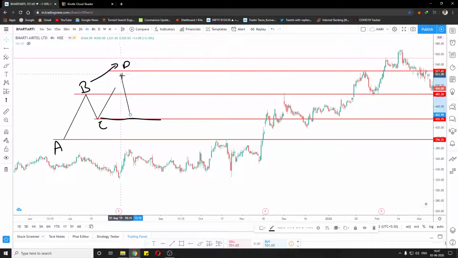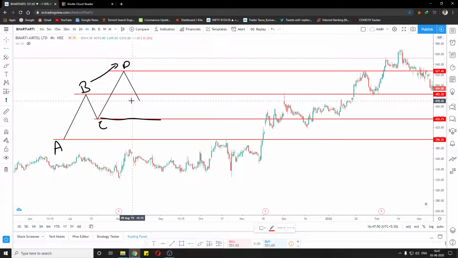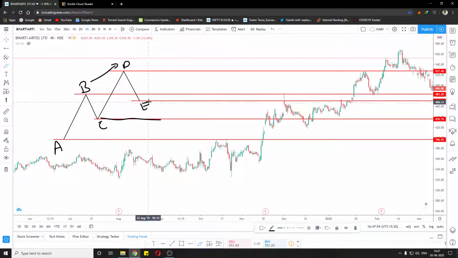Now let's take it back to this level, and let's say we did something like this. Now this is our point E, and then we will either continue the trend or we will change the direction depending on the market.